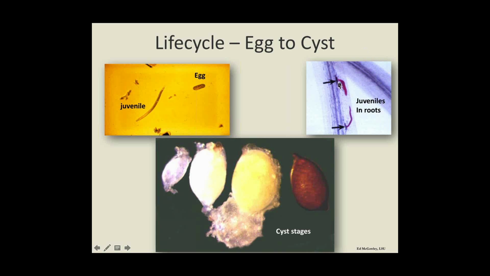And then once they penetrate the roots, these are the juveniles. This is as they start feeding. You can see their little feeding sites, and they'll continually grow. So both male and females are prevalent in this population. The males will finally leave the roots and then come back and fertilize the females once they've been able to rupture through the surface of the root, and then fertilization takes place. So that's kind of a snapshot of how this organism reproduces.